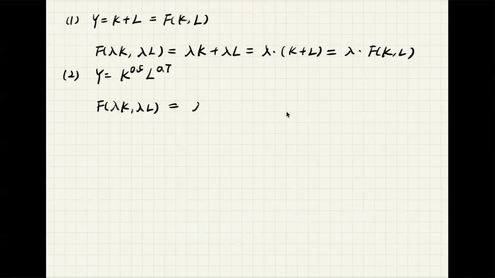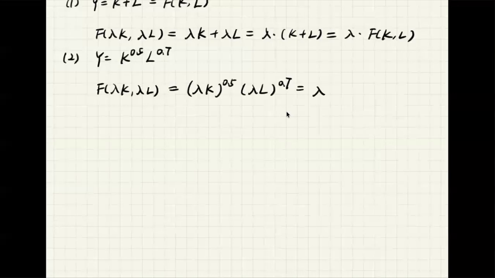Substitute lambda K to the power of 0.5 and lambda L to the power of 0.7, and you can have lambda to the power of 1.2 times F(K, L). You know that lambda is a number larger than 1. So here, lambda to the power of 1.2 is larger than lambda. So this is increasing return to scale.